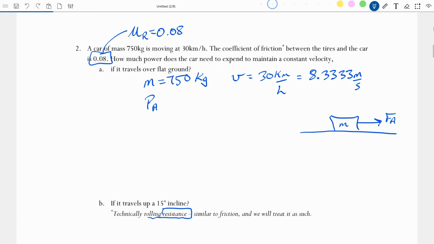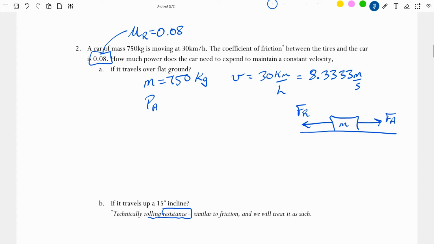Complicated physics to tell you the perfect truth here, but the long and the short of it is there's an applied force maintaining that movement. You can think of that as the act of the engine through a complicated chain of connected parts. But nonetheless, it's there in order to counteract this rolling resistance.